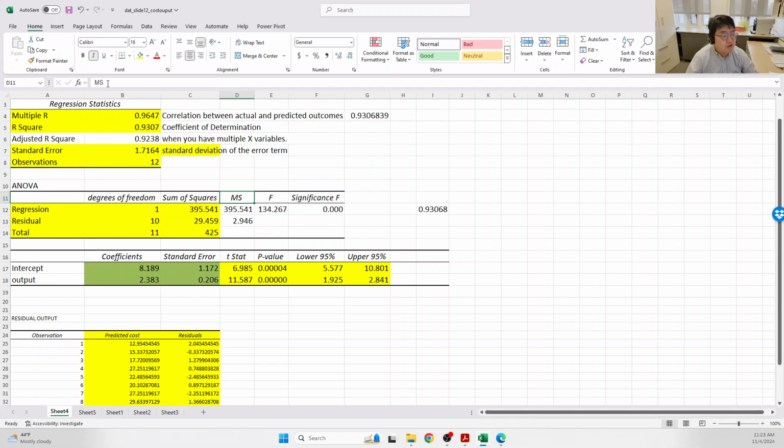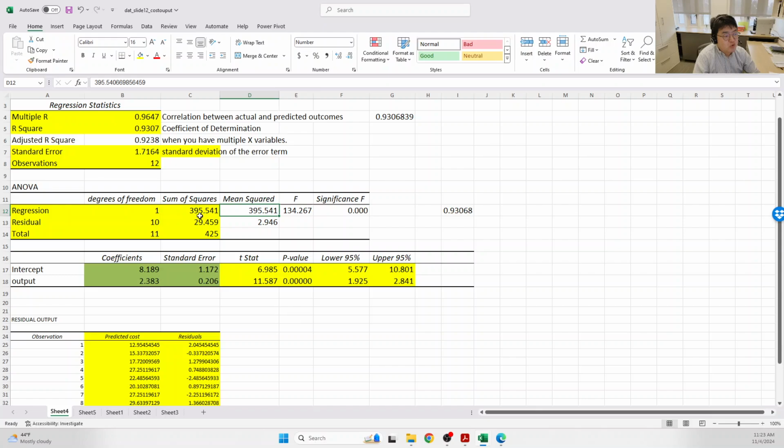MS is mean squared errors. Mean squared means average, so you divide the sum of squares by the degrees of freedom, like this divided by this. Like I said, if you divide the sum of squares by the sample size, that is a variance. So it's kind of the variance of the residual.